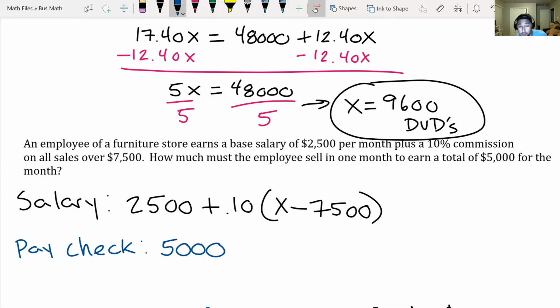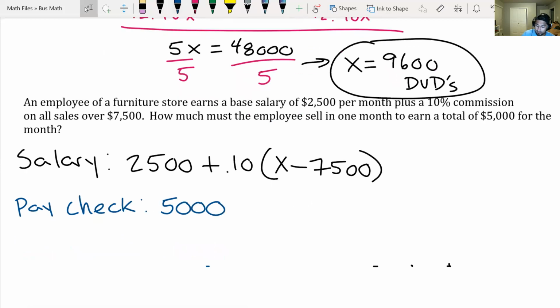They want to sell enough furniture to make $5,000 for the month. Okay, well, this is just like break even, right? Except they don't want to break even, they want to make money. But it's in the same terms.